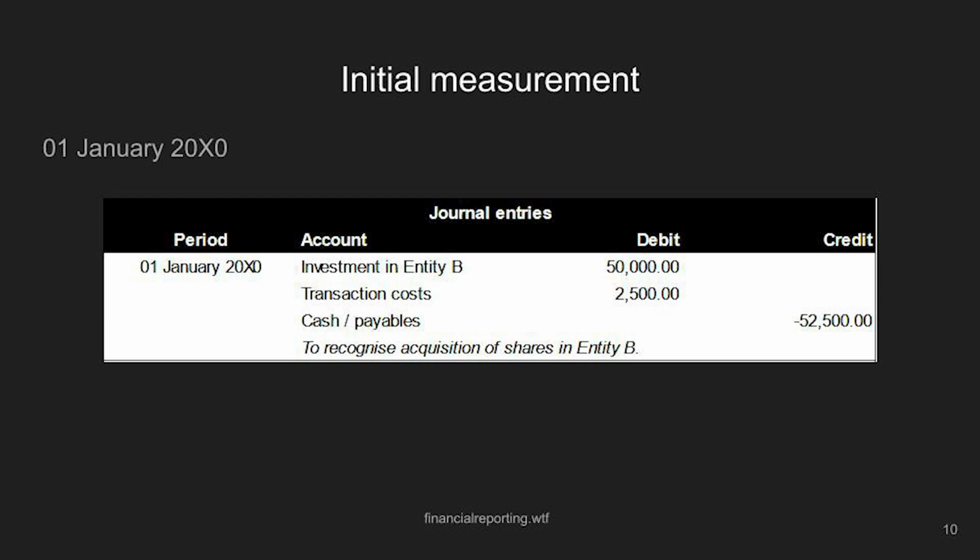Our investment and transaction fees would have been paid by cash or on credit, and so we can credit one of these depending on the circumstances. We have now recognized everything we need to as of 1 January 20XO and can move on to the next period.